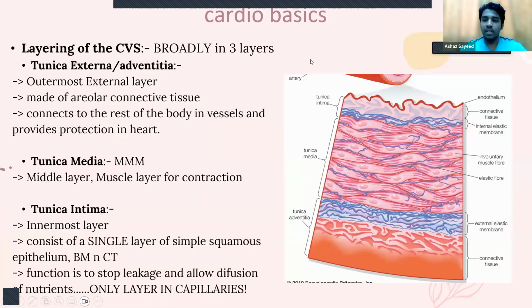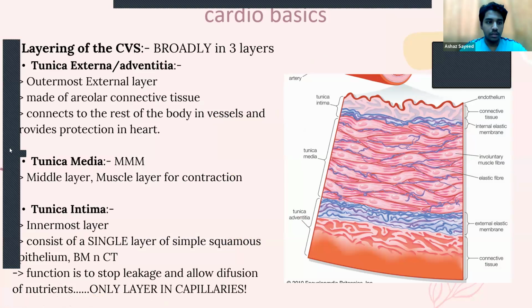And the cardiovascular system, you can divide broadly into three layers. We have our tunica externa, the tunica media, and the tunica intima.